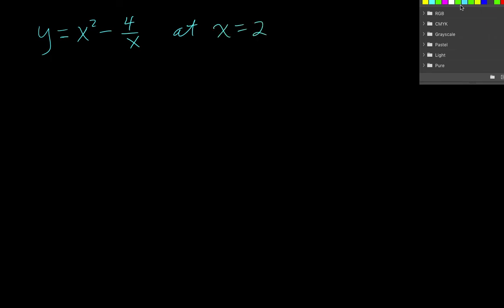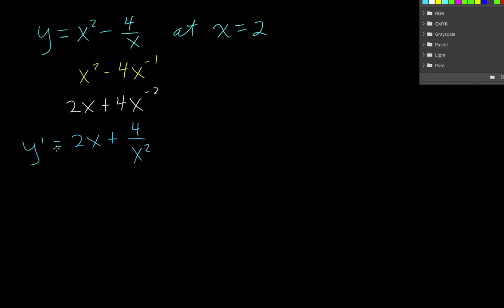So what we're going to do is we're first just going to take a derivative. We're not going to worry about the x equals 2. So I'm just going to rewrite it in a form that makes it easier to take the derivative. And then take the derivative. And then I'm going to write it like this. Okay.